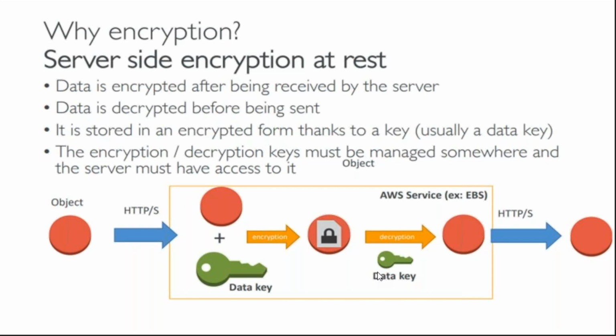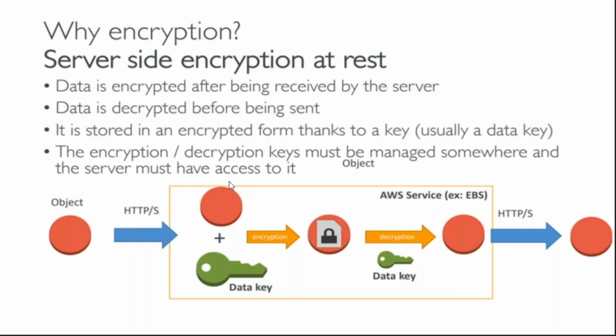This encryption and decryption key must be managed somewhere, and the server must have access to it. That is KMS, and we will discuss this later. So here we have our object, which travels through HTTPS.